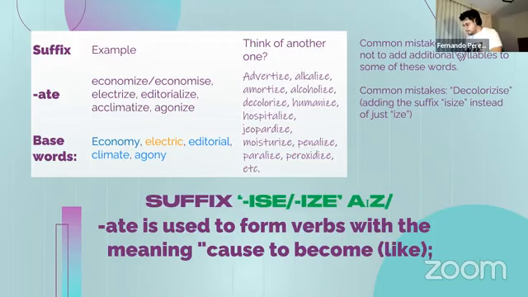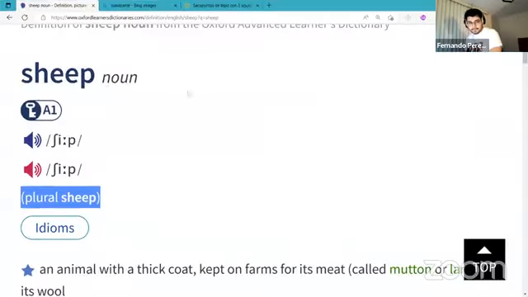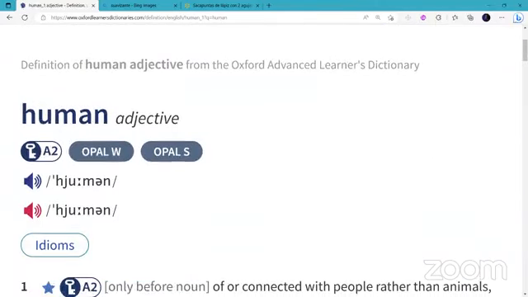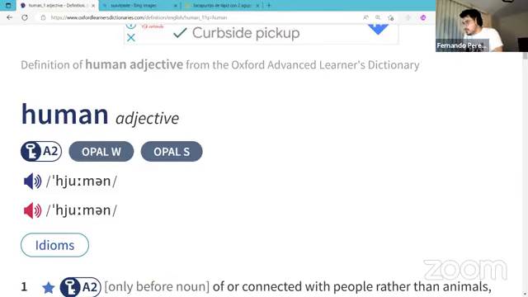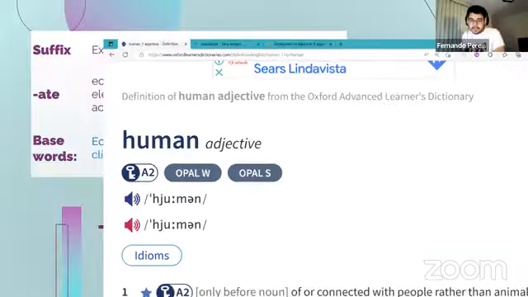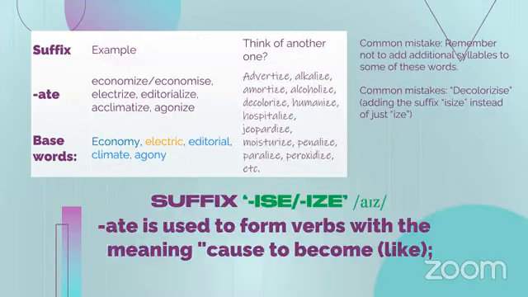Okay, well, how do you pronounce this? Human. Hue, exactly. That hue. Are we human? Humanize. Humanize. Continue. Yes, thank you.